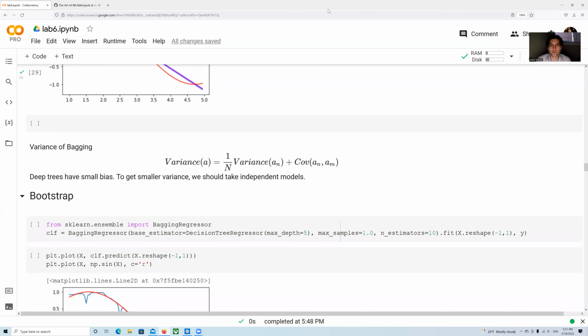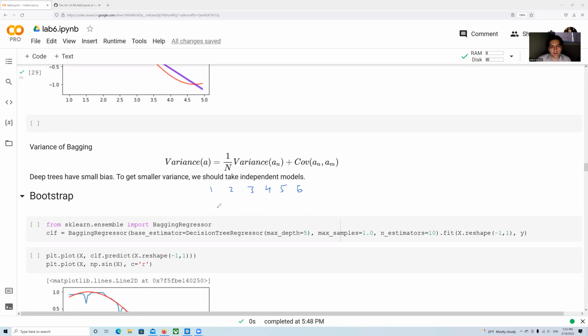So for example, if we have objects 1, 2, 3, 4, 5, 6, and so on, let's say we have only 6 objects.